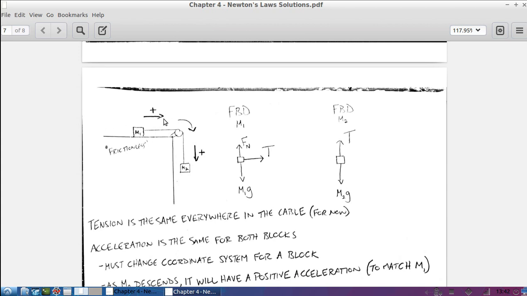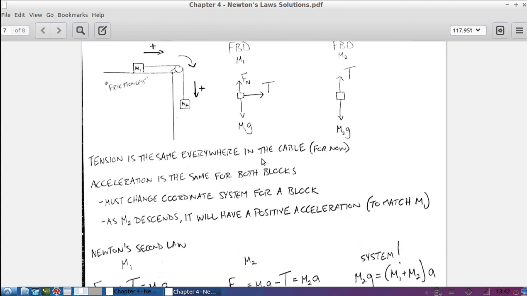I'm going to combine M1 and M2 as one system, and then write Newton's second law for that system. When I draw my box around this whole system, any forces that are inside the box are now internal forces. So the tension is inside, and that's not a force that's causing the system to accelerate. Tension is just acting on the individual blocks.